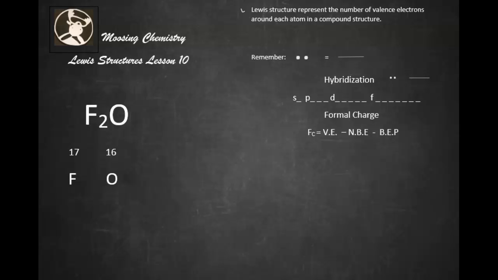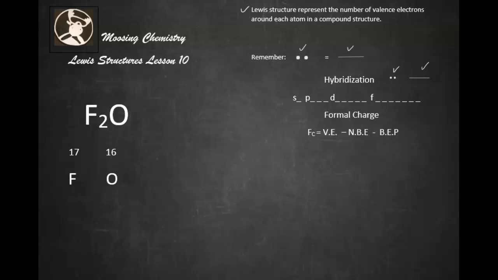Lewis structure represents the number of valence electrons around each atom in a compound structure. Remember that an unshared pair of electrons, when they're being shared, is going to be a dash, okay? Hybridization, things that count are unshared pairs of electrons and dashes.